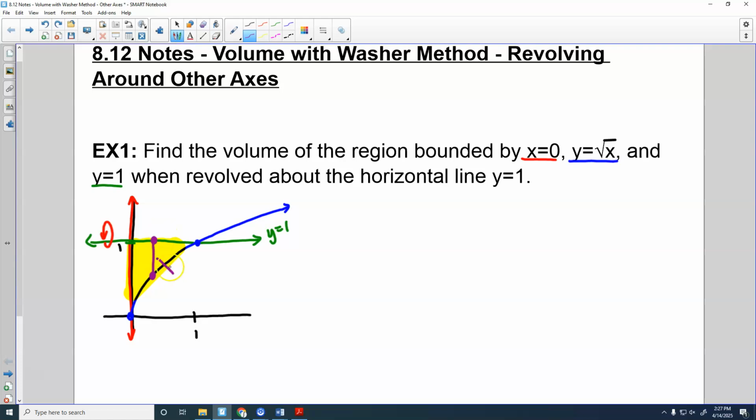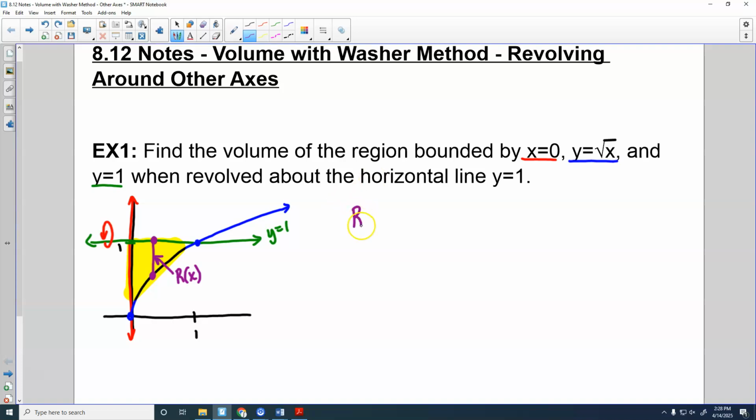That is your capital R of x. And in this case, you do not have a lowercase r of x because there's no hole in the graph. You touch that line that you're rotating around the whole time.